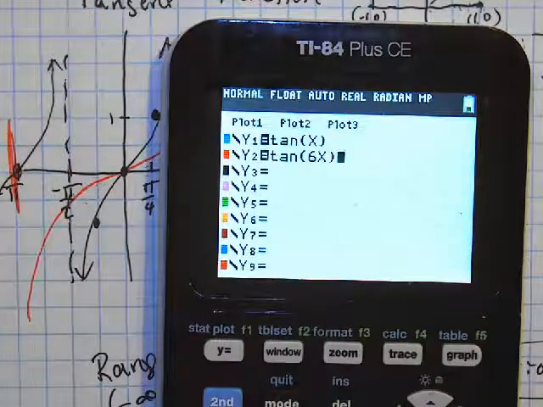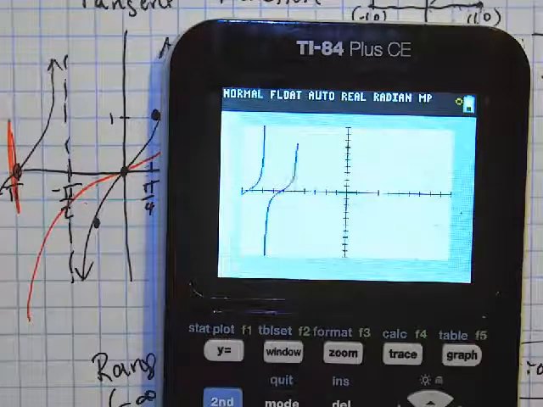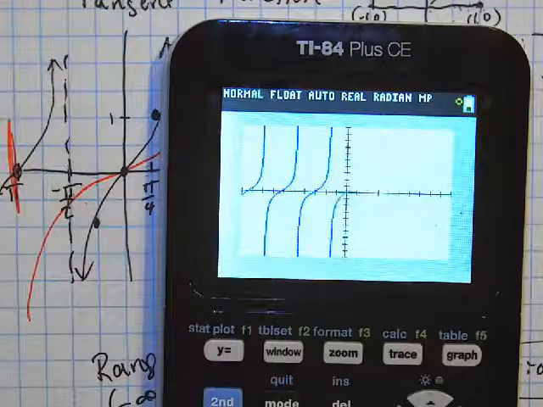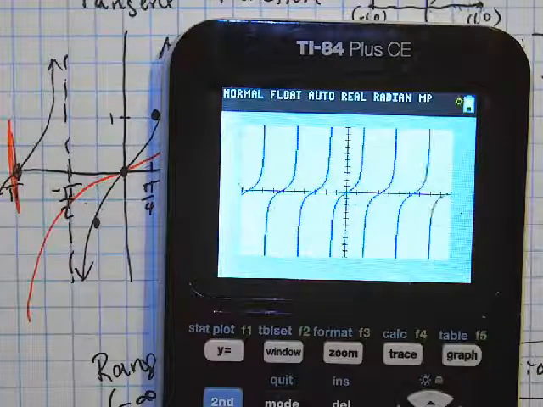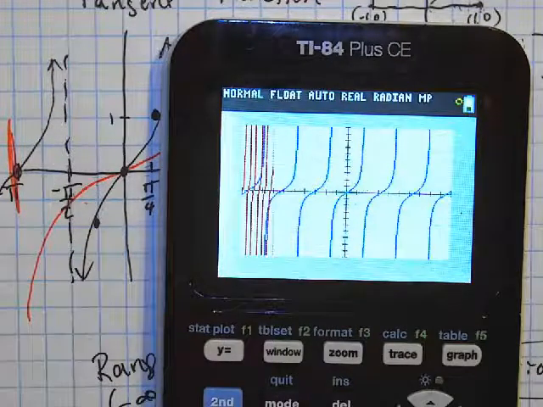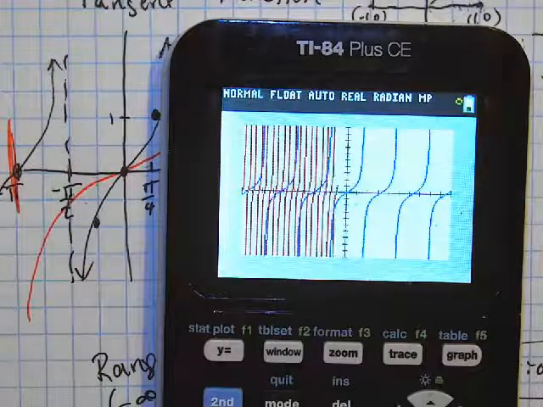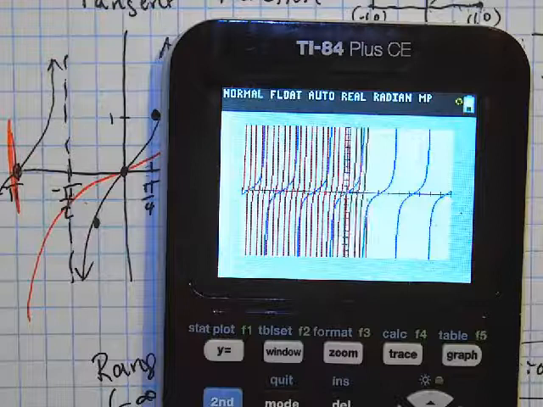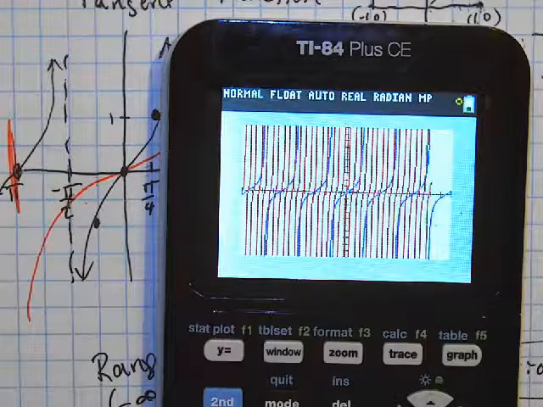So we're going to have a whole bunch of tangents if the period is pi over 6. Let's look. So there's the one that's just tangent. And here's tangent 6x. You see how there are more of them because the period is smaller. Kind of fills in pretty fast.